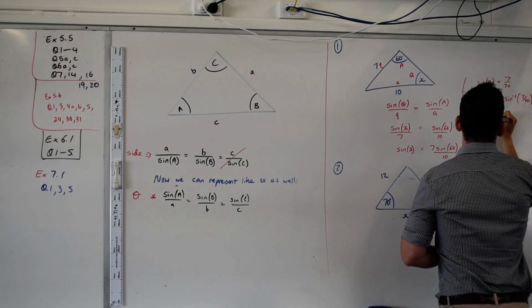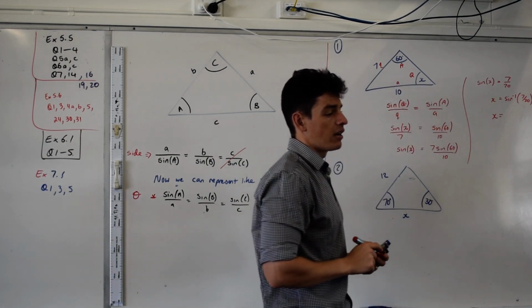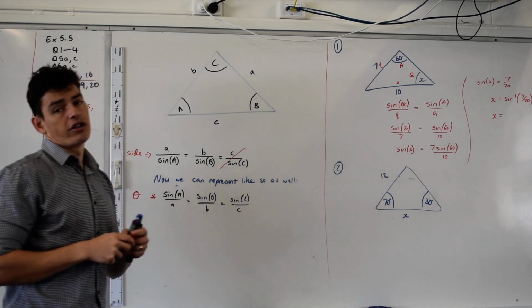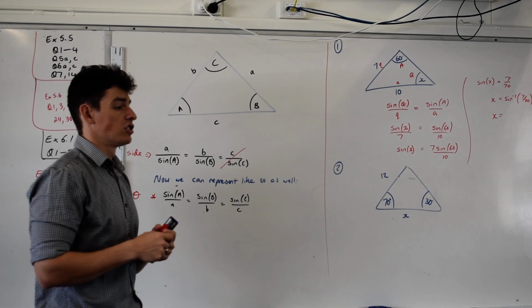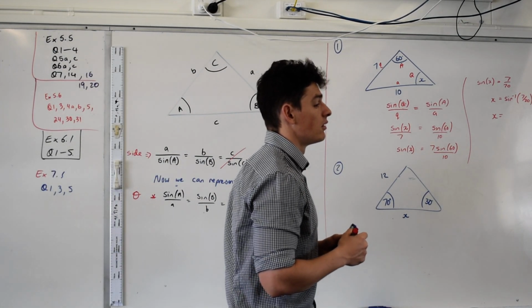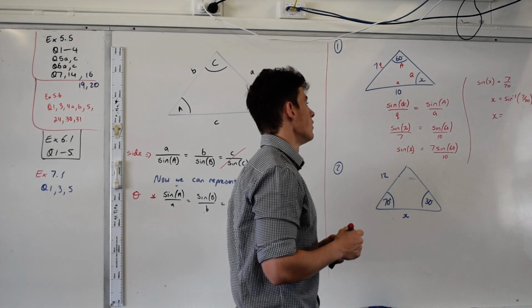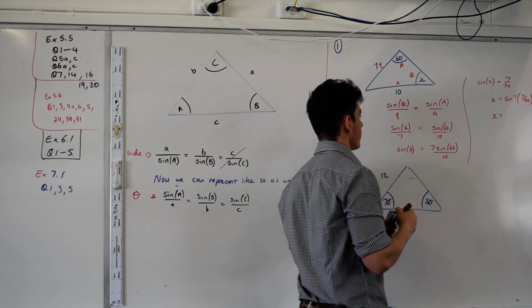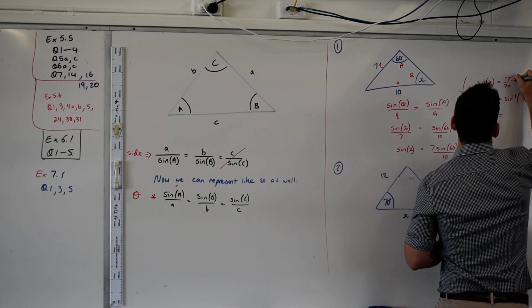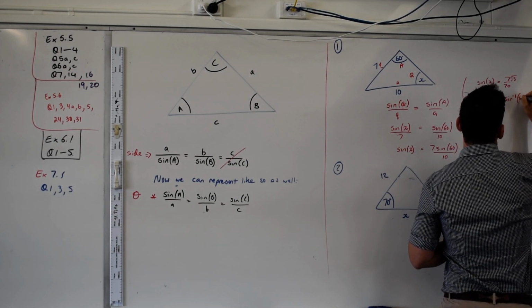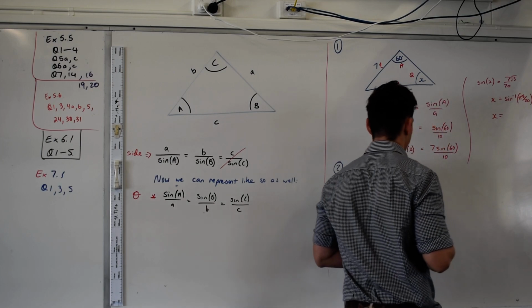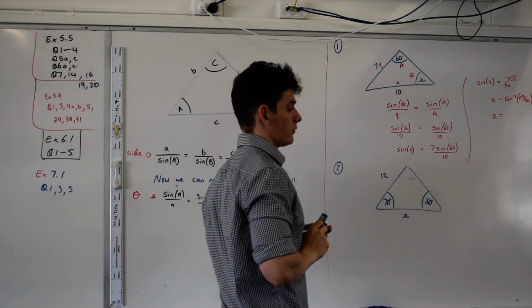Now, what was my value when I put it in? A degree or a radian? Degrees, so I make sure my calculator's in degrees and I shove that in. Sine 60 is root 3 on 2. Sorry. That's 1260.